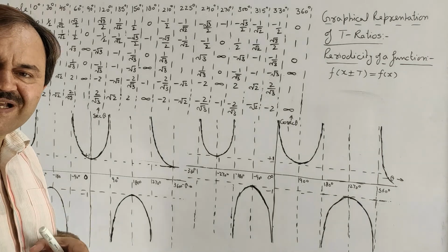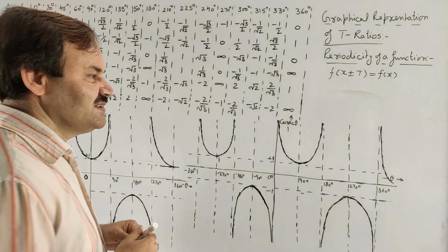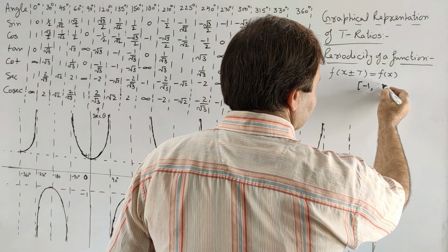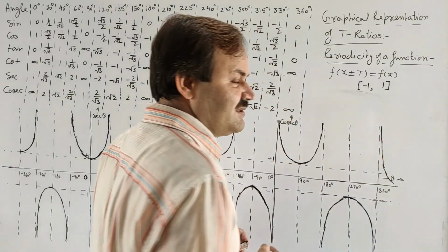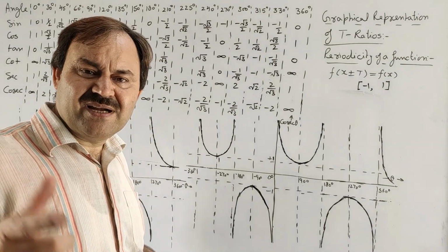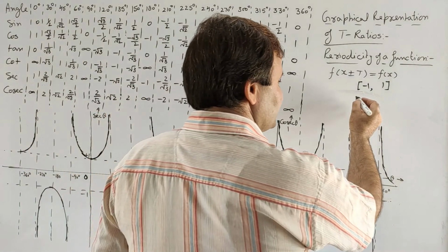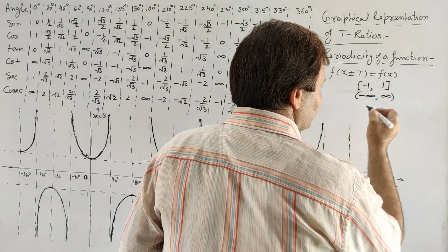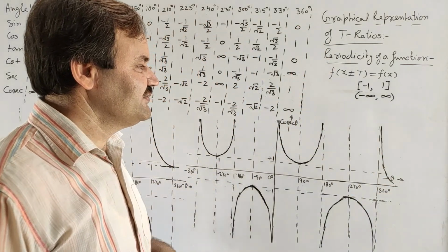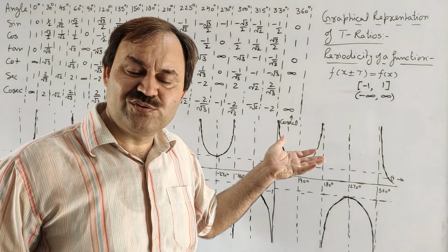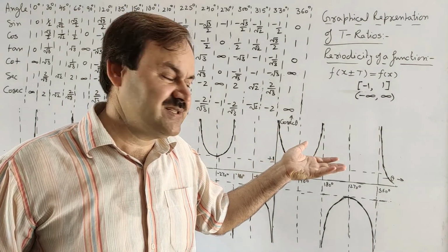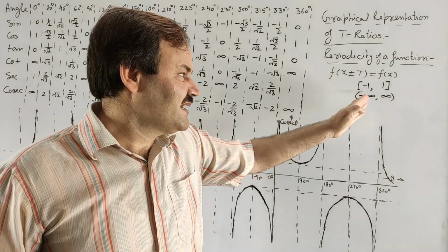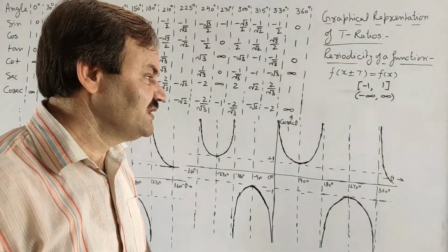The range for sine and cos theta is minus 1 to plus 1, while for tan theta and cot theta the range will be from minus infinity to plus infinity. As we give values of theta to tan or cot theta, their value always changes between minus infinity and plus infinity.